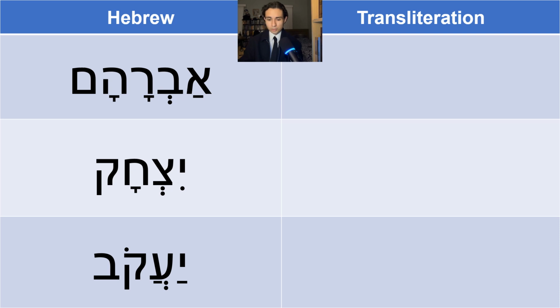All right, now we're going to go over to Genesis chapters 12 to the end of Genesis, starting with Avraham. Avraham.